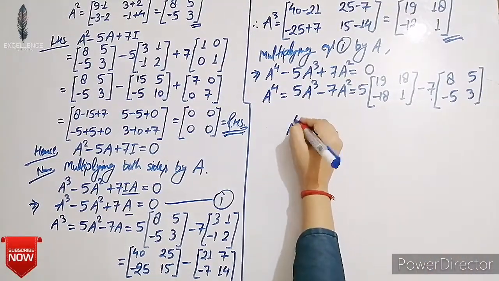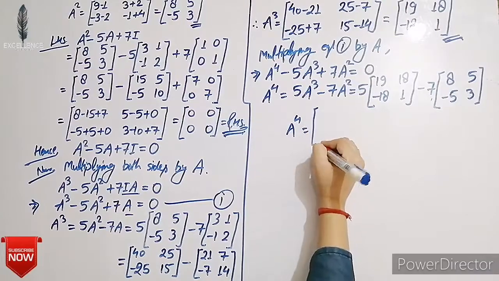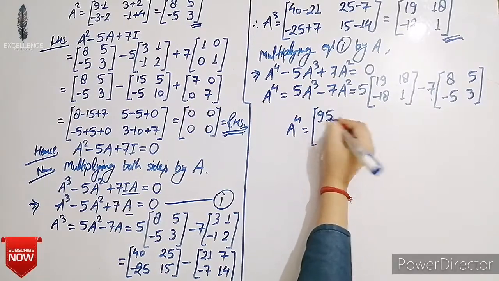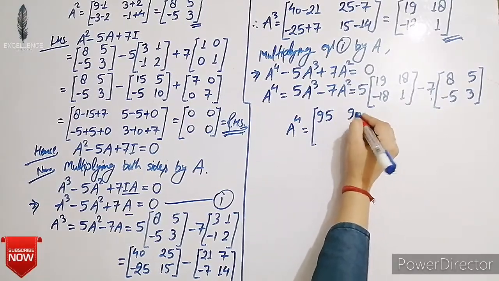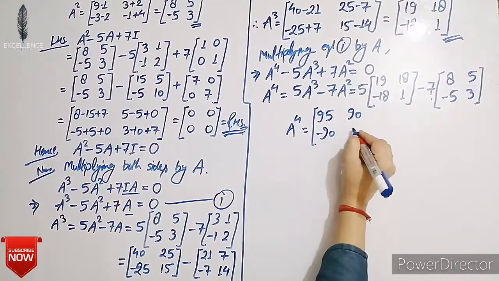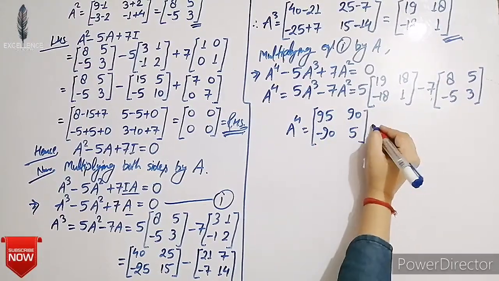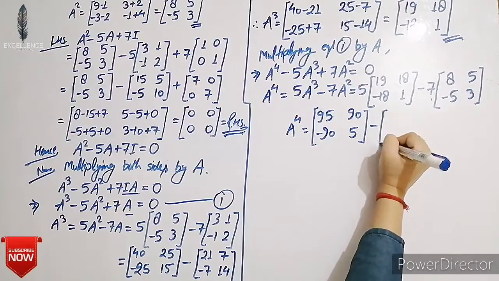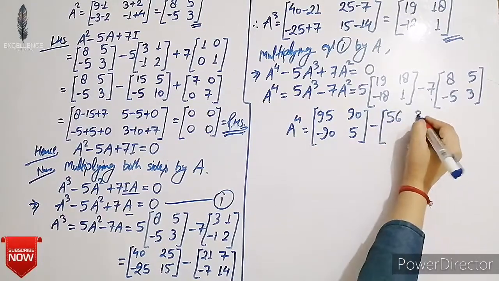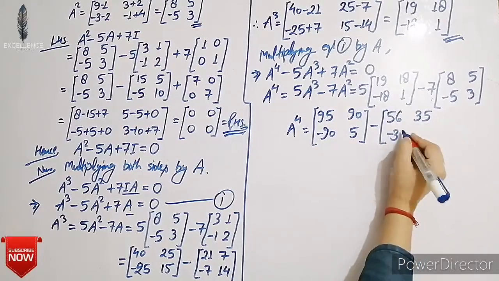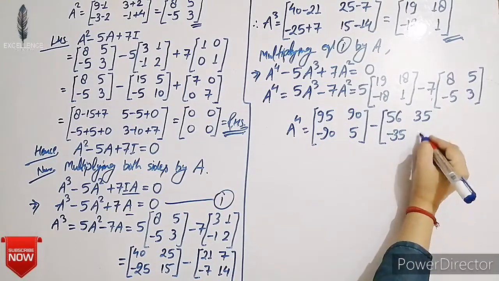On simplifying, we get A raised to 4 is equal to here 95, minus 90, 90, 5, minus 56, 35, minus 35, 21.